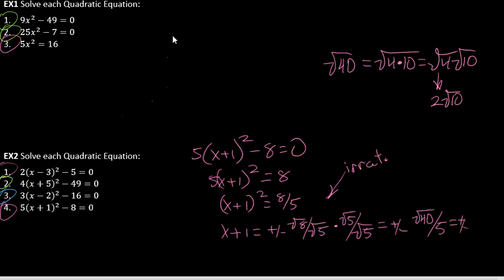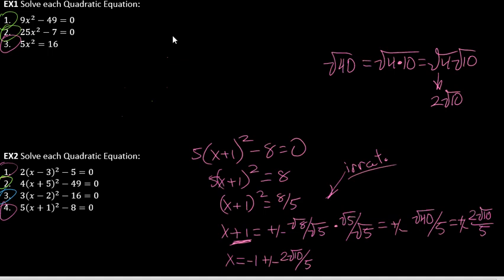So I've got plus or minus 2 square root of 10 over 5. X is still not by itself. I still have to get rid of that plus 1 by subtracting 1 from both sides. So I'm going to have x equals negative 1 plus or minus 2 square root of 10 over 5.